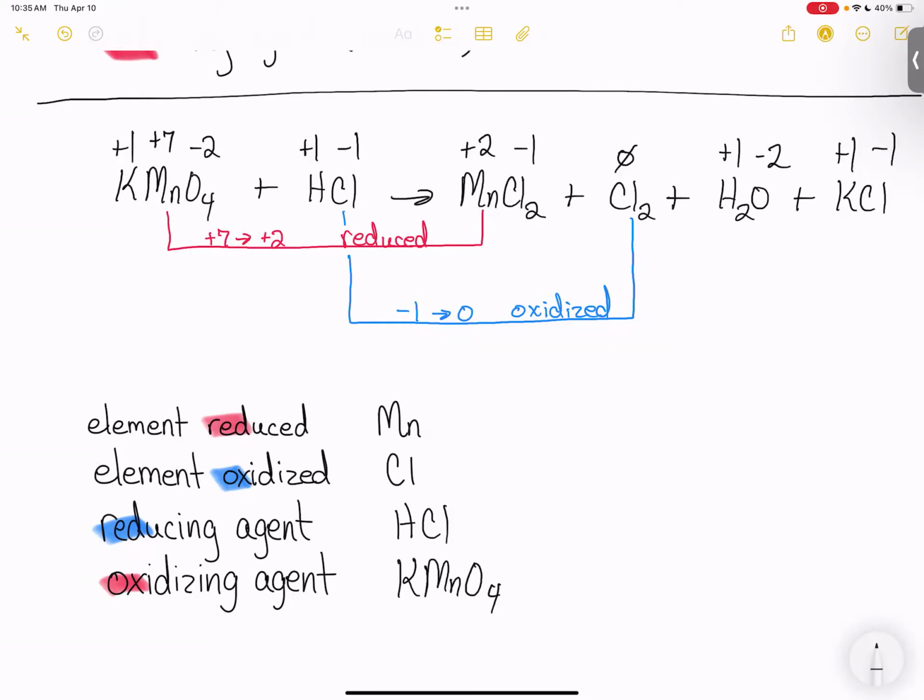My experience is it is only a 1-to-1. Now, I will say there are times where the element oxidized and the element reduced are the same element. But in general, it always is a 1-to-1.